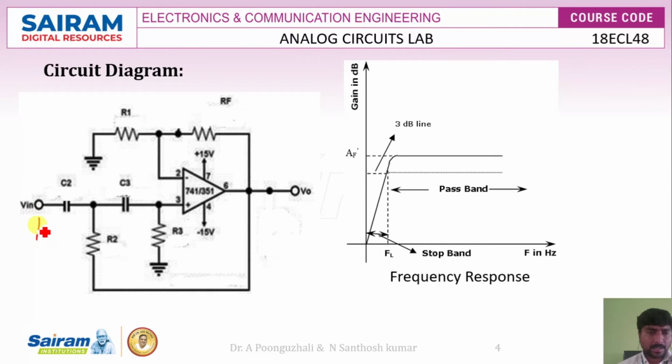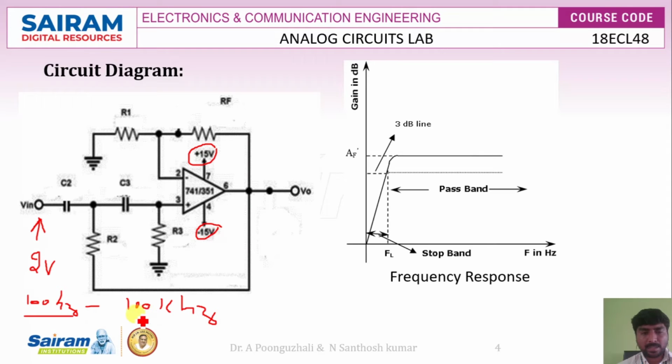Here we will be applying a sine wave of 2 volts peak to peak using a signal generator, and we have to connect the power supply, plus and minus 15 volts, for the op-amp. Then we have to vary the frequency from 100 hertz to 100 kilohertz, and note down what output we are getting, right?